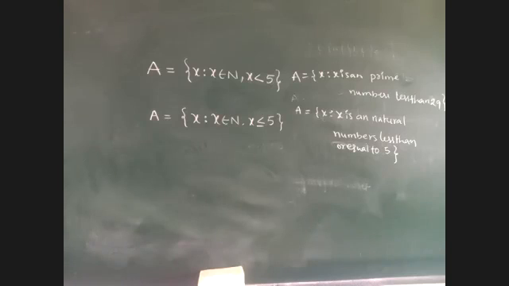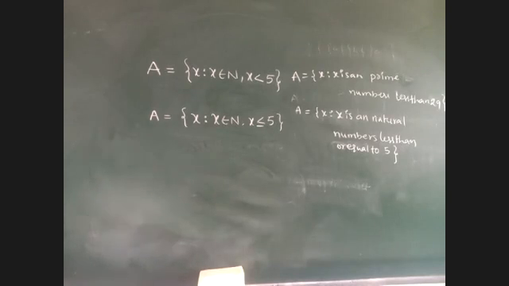Tell me the prime numbers less than 29. 2, 3, 5, 7, 11, 13, 17, 19, 23.